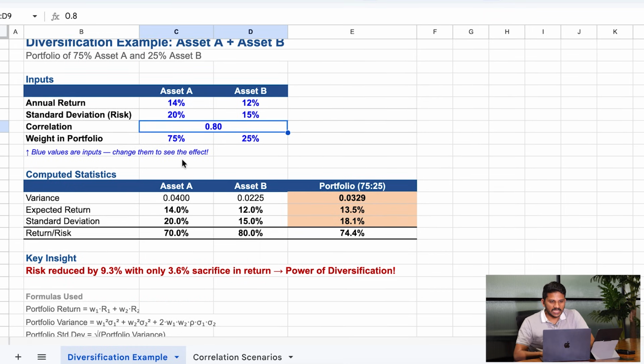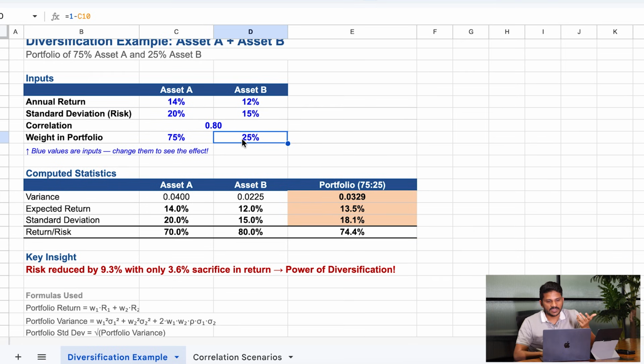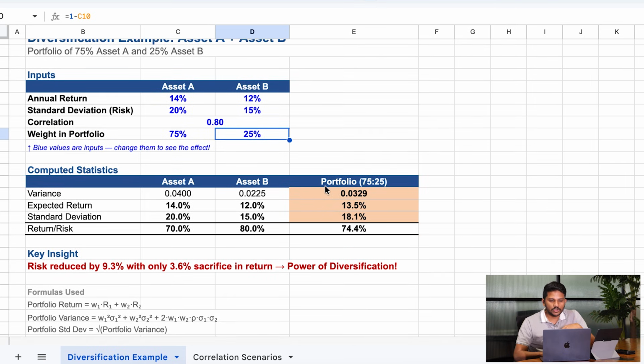Now assume we created a portfolio with 75% of asset A and 25% of asset B. Then your portfolio will have its own variance. It has its own return. In this case, it is 13.5%. And the standard deviation is 18.1% when you actually combine it in that ratio.